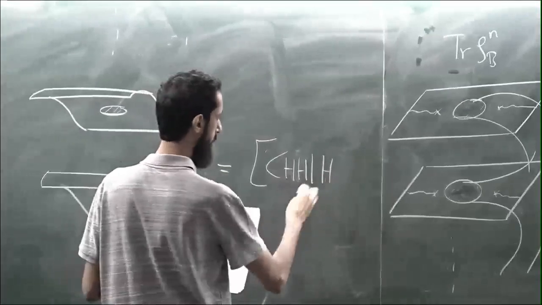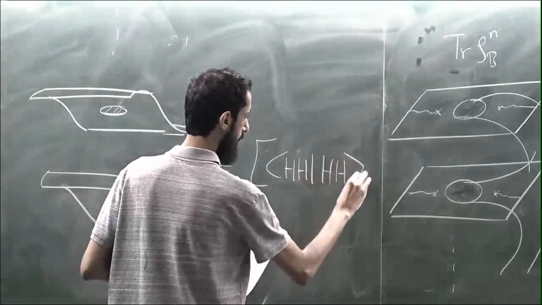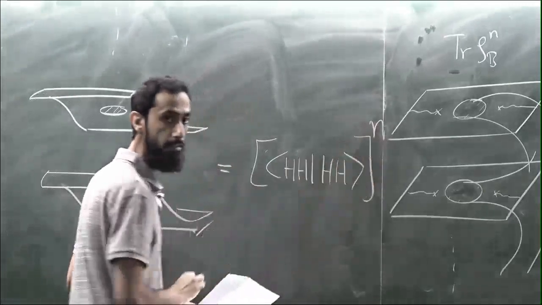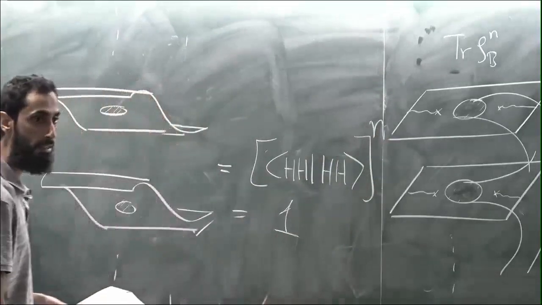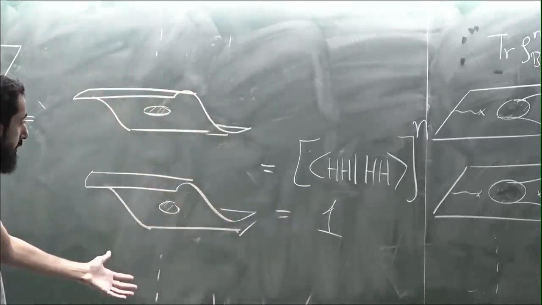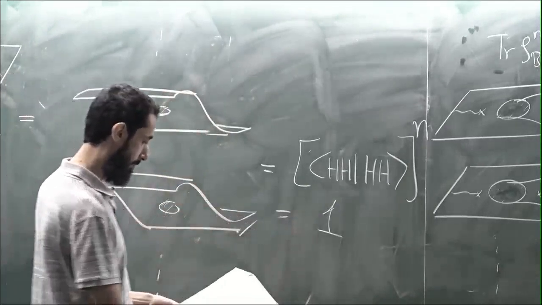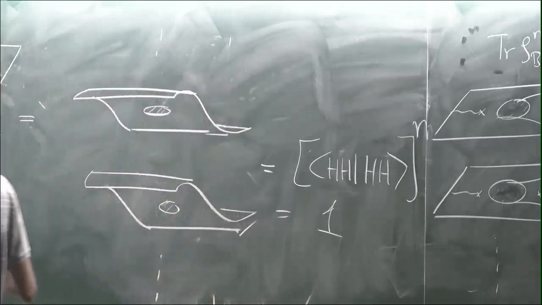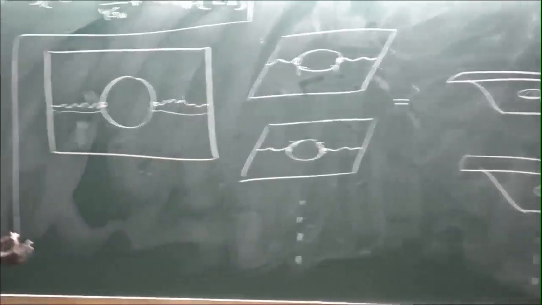I'm just defining the Hartle-Hawking state as this path integral, to the power of n, which is simply 1. So it does not depend on n. It completely factorizes, you compute the entropy, you get 0. So the state of this region is actually pure.